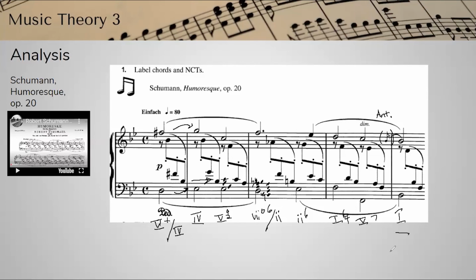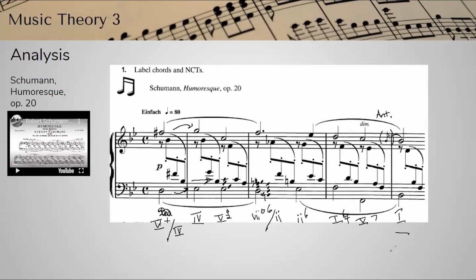Well, here and in music of this era, we often don't get a clear statement of the 1 chord. In fact, part of the philosophy of composers in this era was to delay how long it takes and to hide the actual 1 chord. And we can see that happening here.